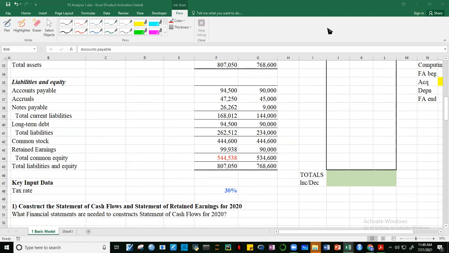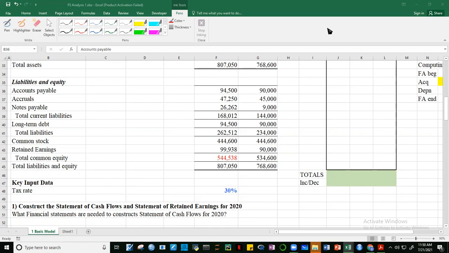For example, utilities. Kunyari, Meralco or Manila Water. Yung isang company, may metro yan. After a certain period, magre-reading, tapos tinitingnan kung ano yung na-consume for the previous period.